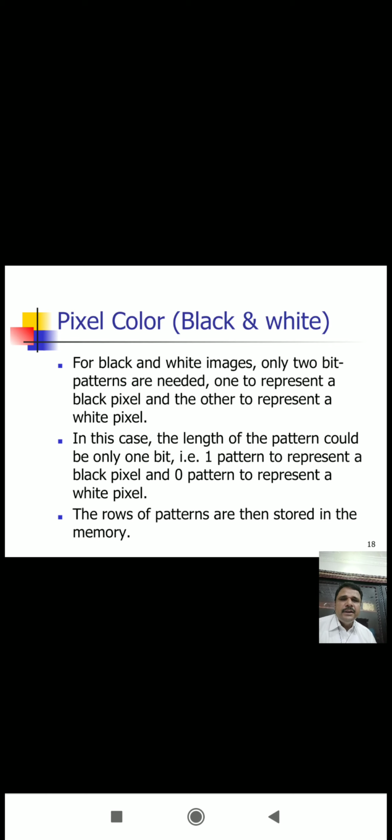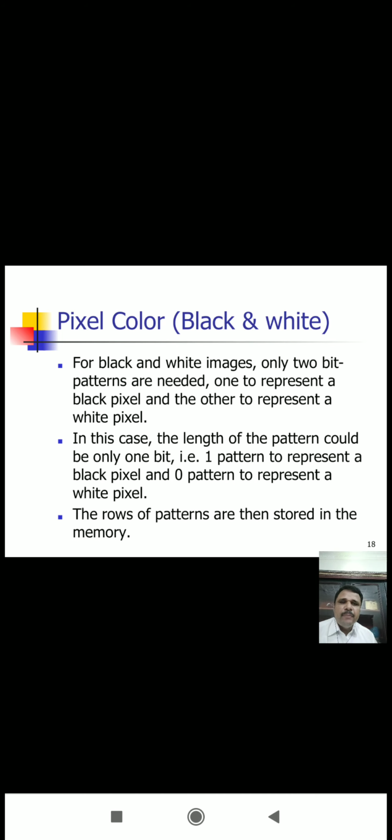So we only need 2 combinations, either black or white. How many bits are needed? Only one bit. That bit can represent both colors. If the bit is set to 1, it can represent black, and if it is set to 0, it can represent white. So only one bit is enough.